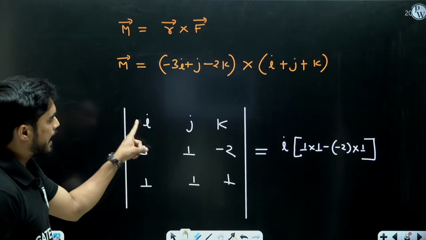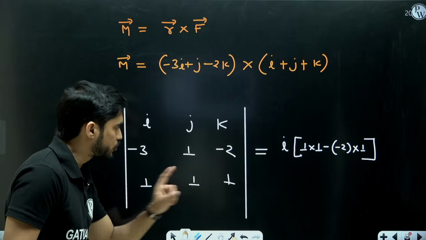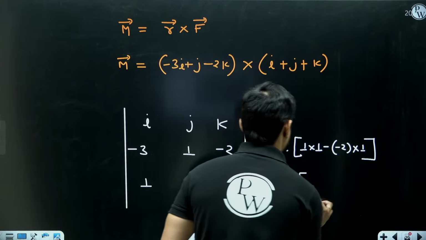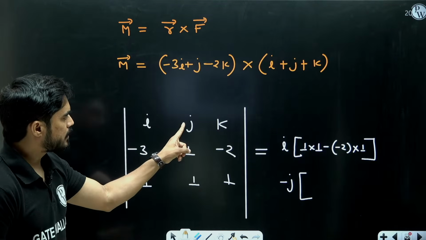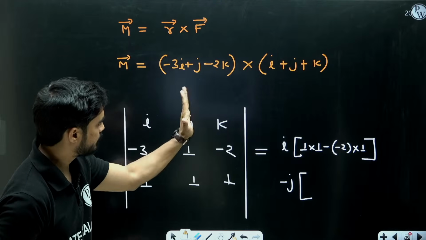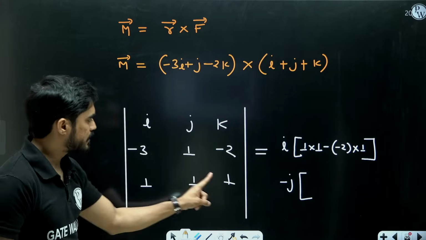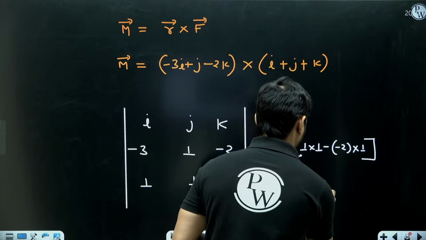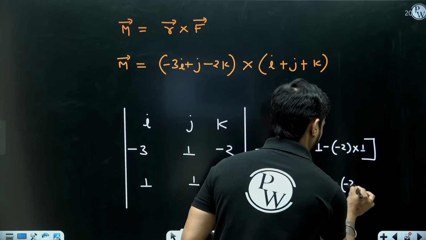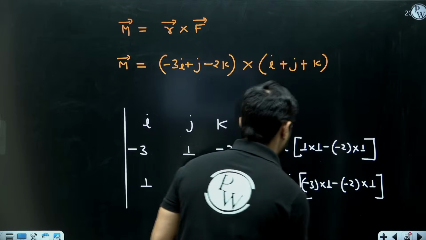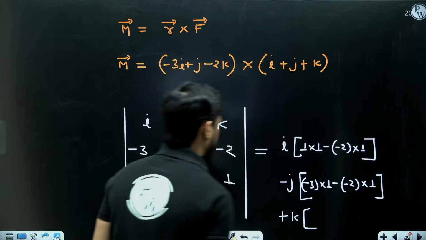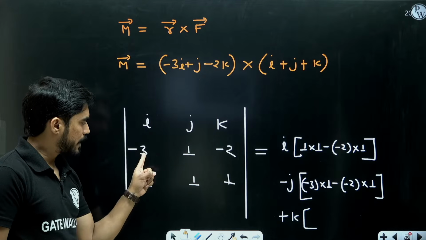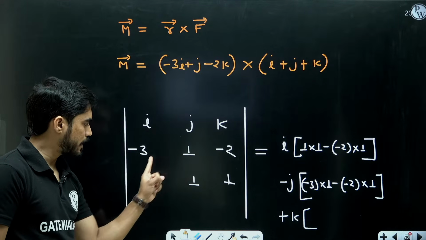Then minus j: now again hide this, minus 3 into 1 minus 2 into 1. Then plus k: now hide this and this, minus 3 into 1 minus 1 into 1.